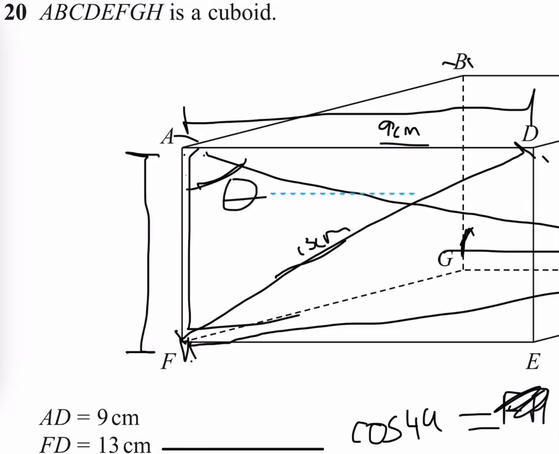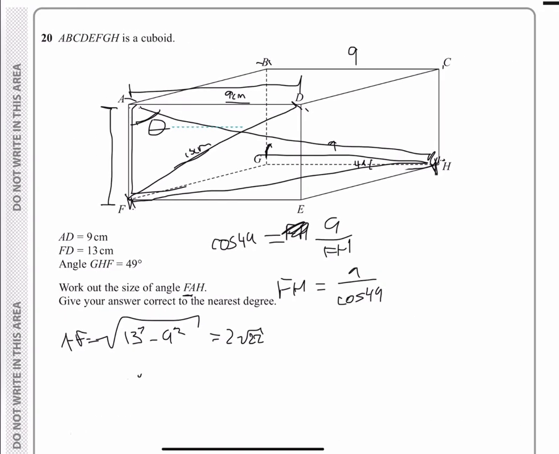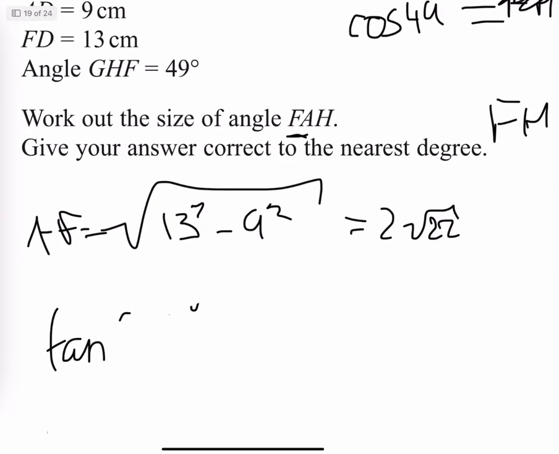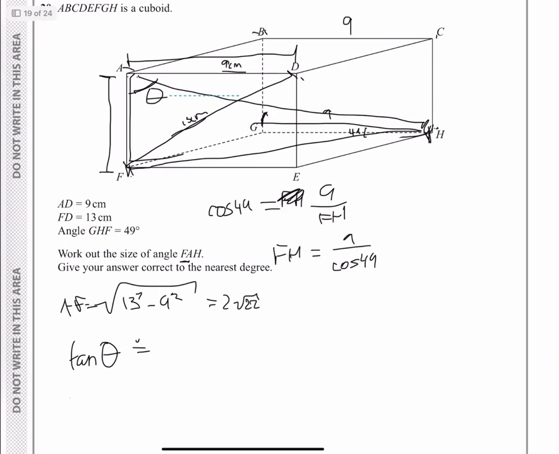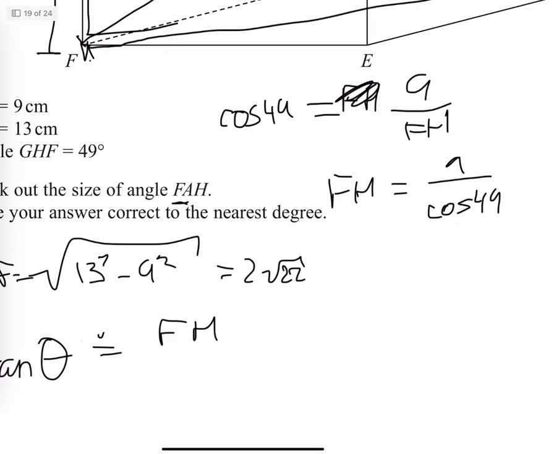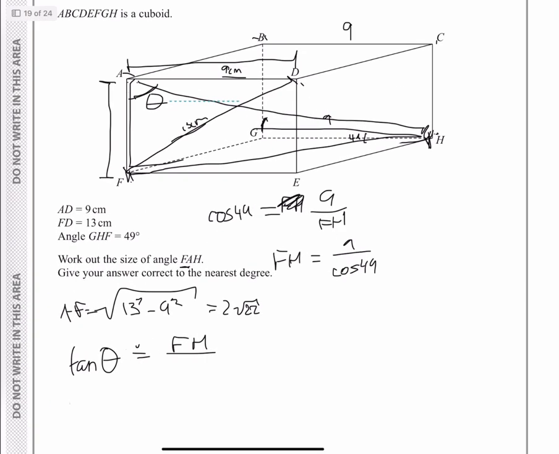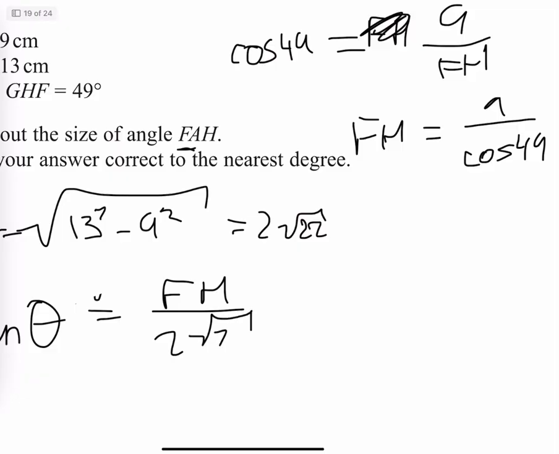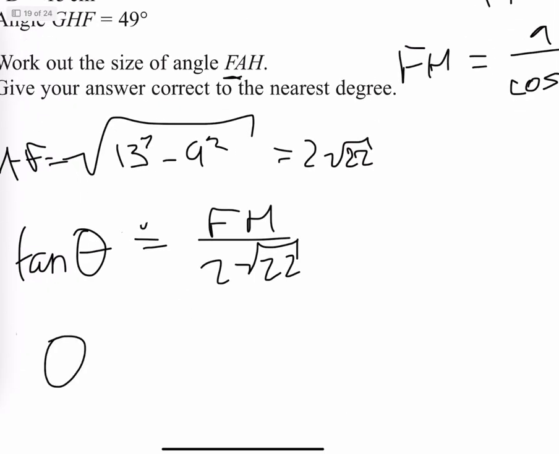So again, you can really use whatever you want. You should probably use tan because we've got the opposite and the adjacent. So we know that tan theta will be equal to, SOHCAHTOA, opposite over adjacent. So we have FH over FA, which was 2 root 22. And then we'll inverse this, so theta equals inverse tan of FH over 2 root 22.